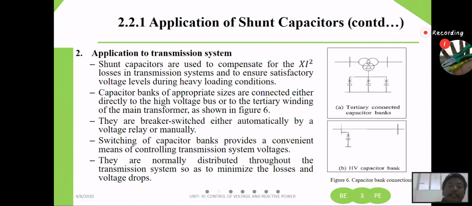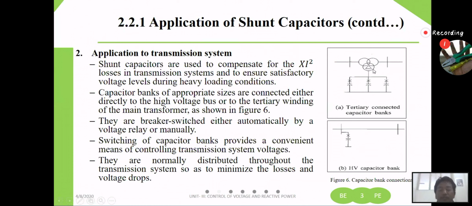Another application of shunt capacitor is in the transmission system. Even there it can be used. Shunt capacitor in a transmission system mostly compensates the I square X losses, so that the voltage level during heavy loading conditions stays at a satisfactory level, which means there should not be any Ferranti effect, where the receiving end voltage is greater than the sending end voltage.